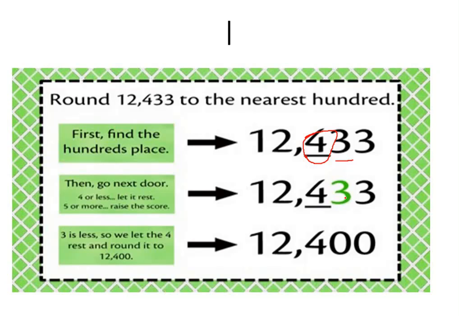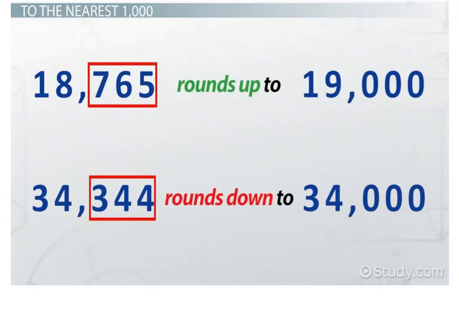It's less than 5. So it cannot help 4 and give it 1. But instead of 3, all of the numbers to the right of the 4, because it's in the hundreds place, will be zeros. And 4, we will not change it. No one could help 4, okay?